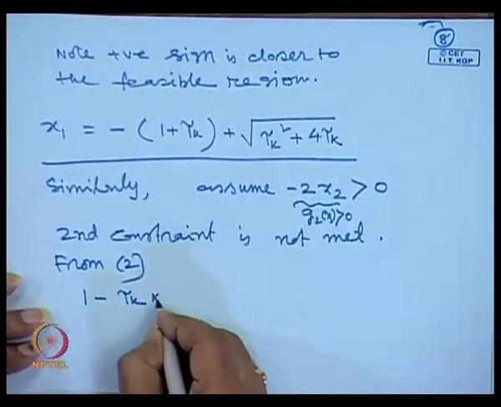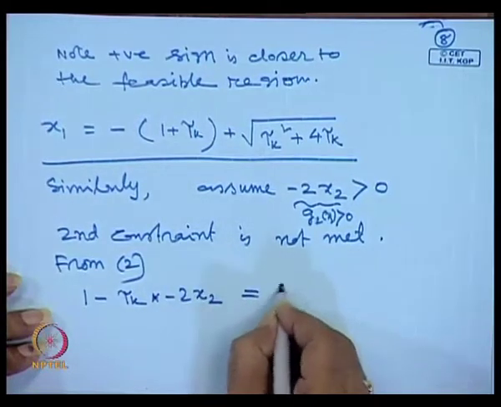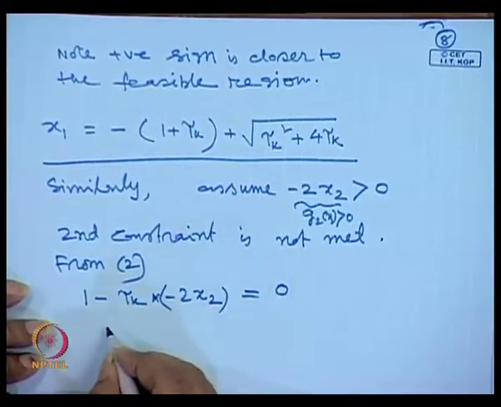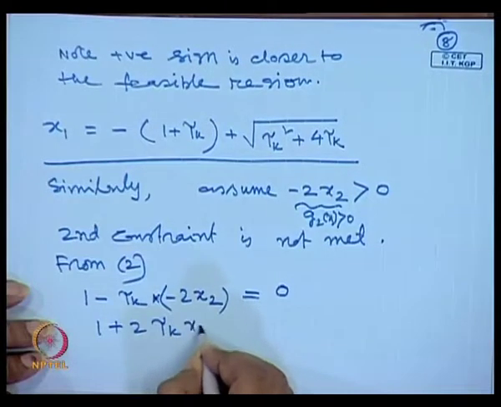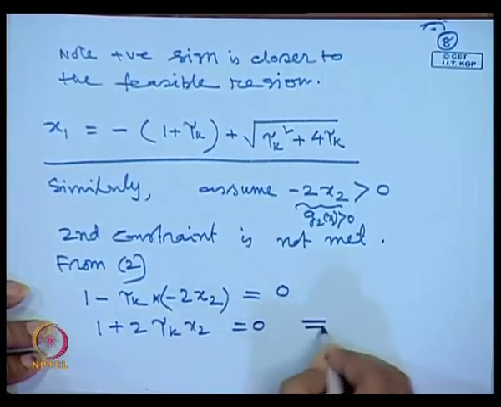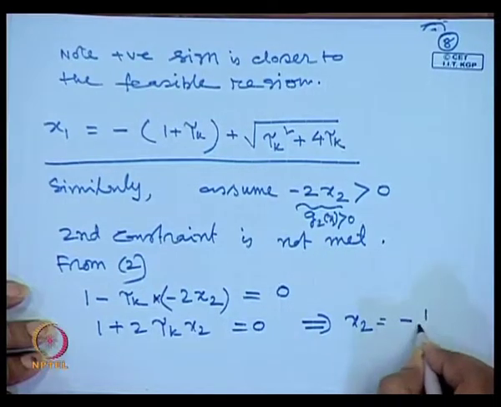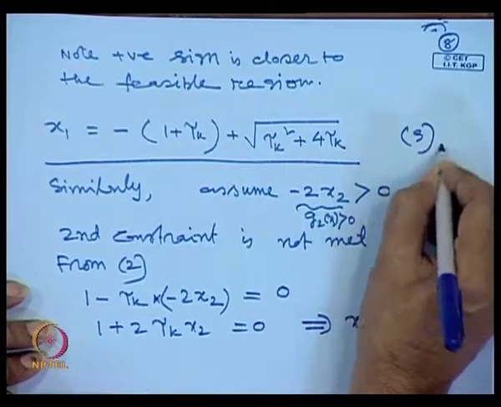So, into minus 2 x 2 is equal to 0, agree. So, that will be 1 plus 2 tau k x 2 is equal to 0. So, x 2 is equal to minus 1 divided by tau k. So, let us call this equation number 4, this is equation number 2.